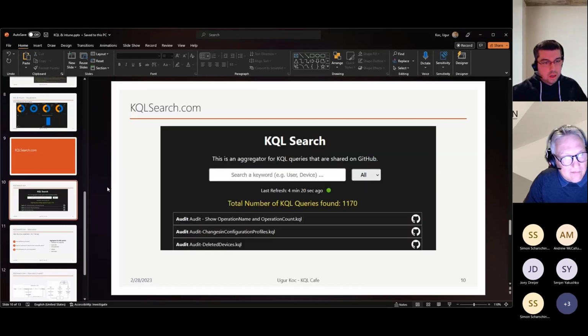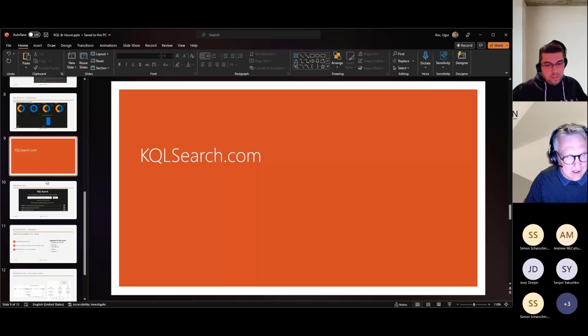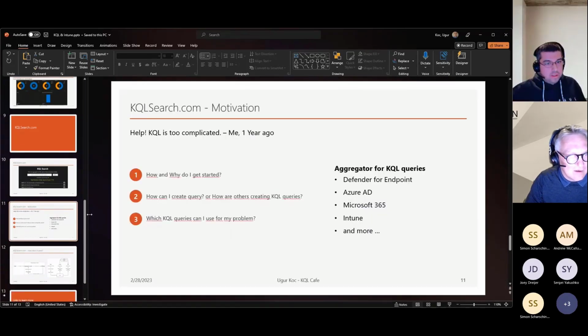Great. So the second topic will be KQLSearch.com. Maybe some of you have already visited the website, or even better, used it to search for KQL queries. Basically, let me switch to this slide.